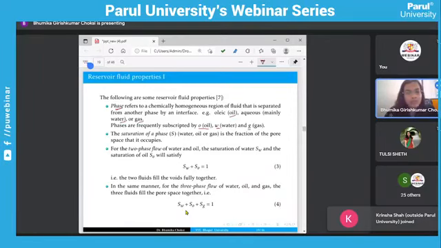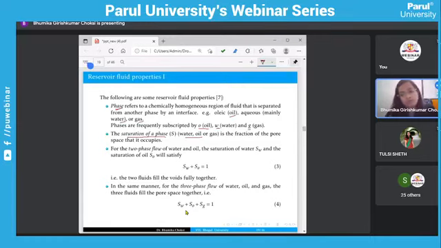What is the meaning of saturation? Saturation of anything, it can be water, oil or gas. We are focusing on water and oil. It is nothing but the fraction of the pore space that is occupied by the phase. Saturation of water is what we want to find in our problem. For two-phase flow, that means water injection, it will be water and oil.